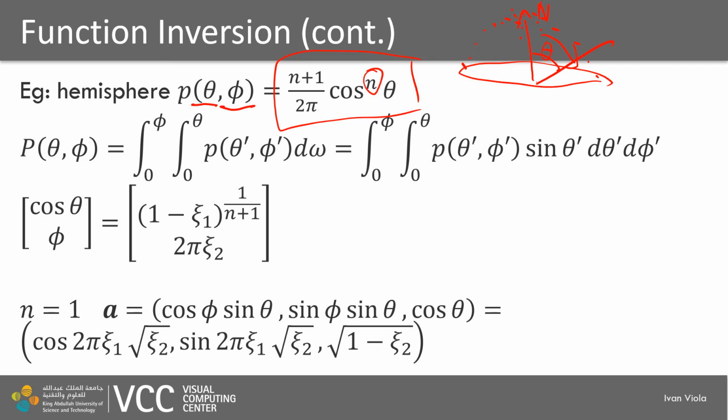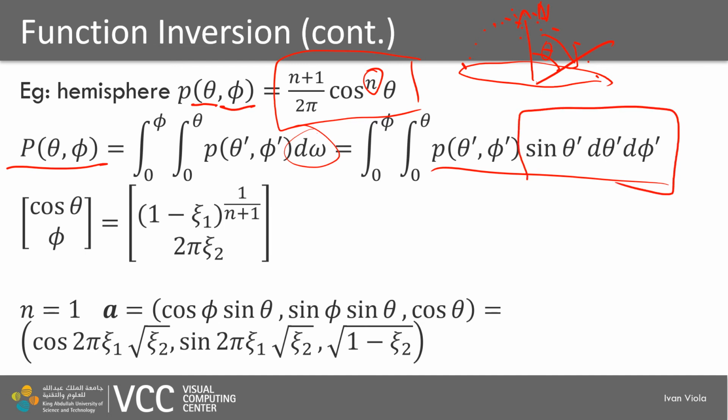n is here an exponent, which is the Phong exponent in this case. If we have this probability density function, we can again compute the cumulative distribution function through an integration, which we have performed here, and we are using the differential of the solid angle, which is this value here.